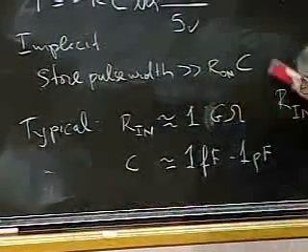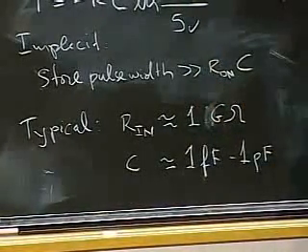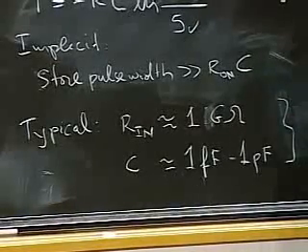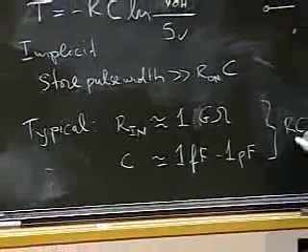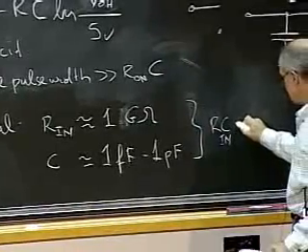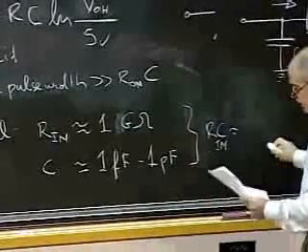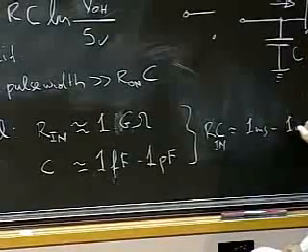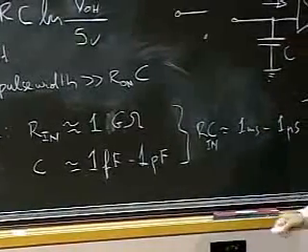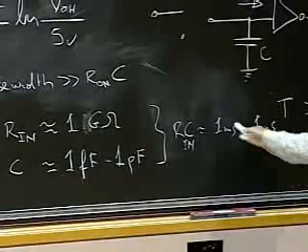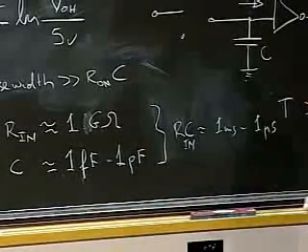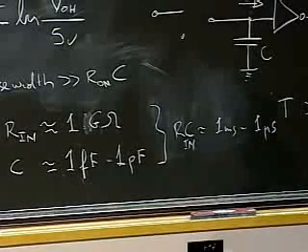Now, if you can do the math in your head, which is just a multiplication, you will see that the time constant, the RC, is between 1 millisecond to 1 microsecond. Okay? And for DRAMs, actually, we try to be in the order of milliseconds. So these are the times we're talking about.